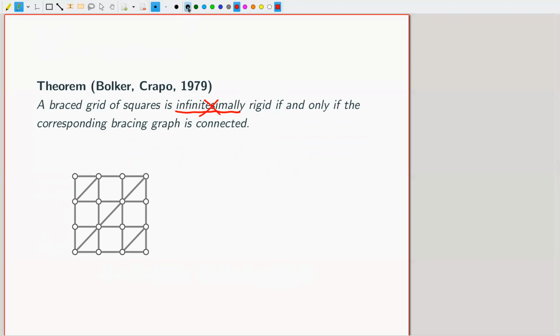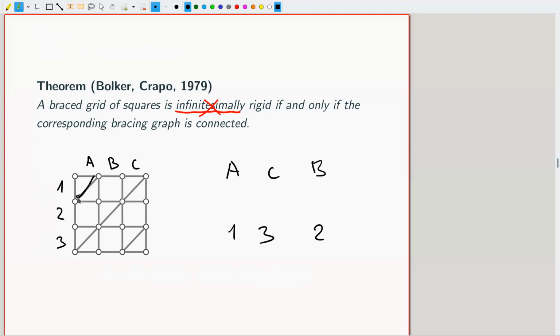So what do they mean by the bracing graph? They construct a bipartite graph where one part of the graph is formed by the columns and the other by the rows. So these are now vertices of my graph. And now there is an edge from one vertex to another vertex if the corresponding row and column meet at a braced square.